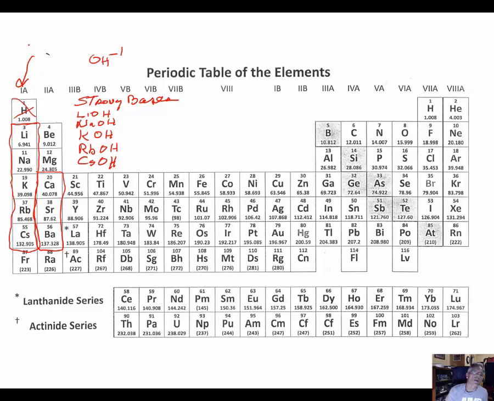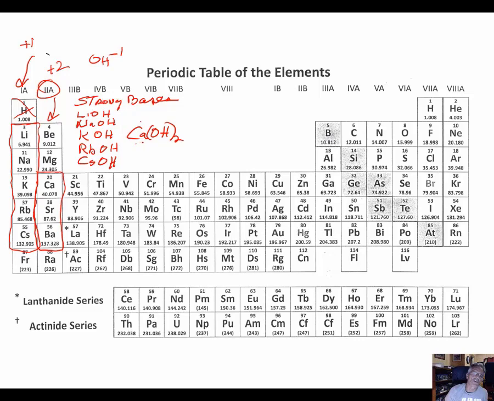All of the alkali metals have a +1 charge in ionic compounds, so it's a 1 for 1, but these are the group 2 metals. They have a +2 charge in ionic compounds, and so calcium hydroxide will have 2 hydroxides per calcium ion.